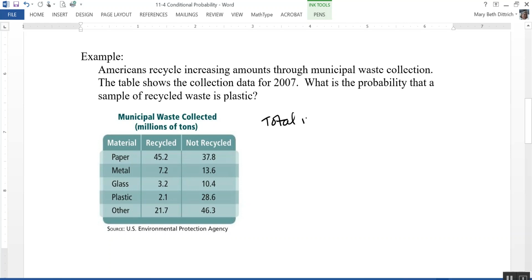So doing that, we get 79.4 million tons, and then out of that recycled, 2.1 million tons were plastic. So we do that division, and we get approximately 2.6%. So the probability that a sample of recycled waste is plastic is 2.6%.